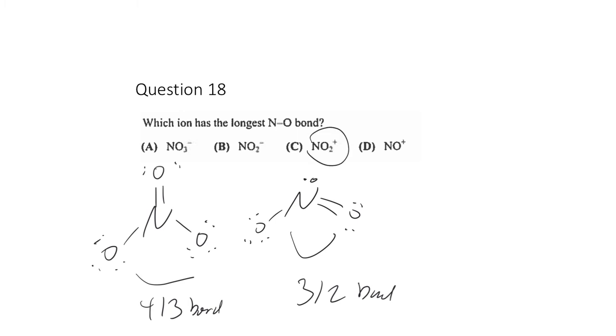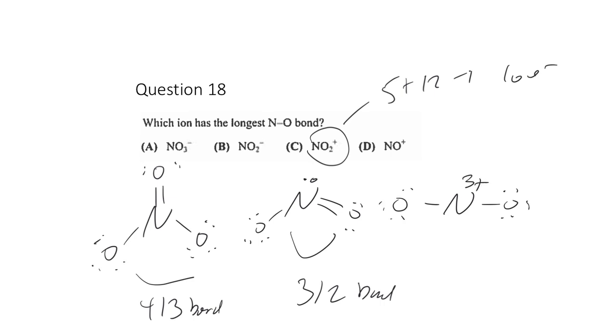And we have NO2 plus, so this would be 5 plus 12 minus 1 for 16 electrons. So this would be nitrogen, oxygen, with a 3 plus charge. Let's go to a 0 here, and let's go to a 0 here, and that drops this to a positive charge. So 2 doubles, a bond order of 2.